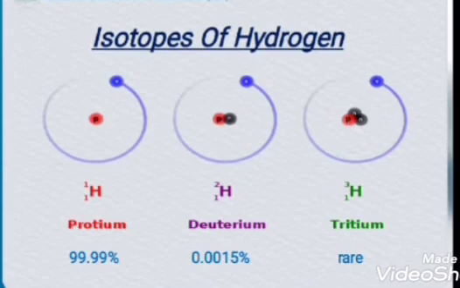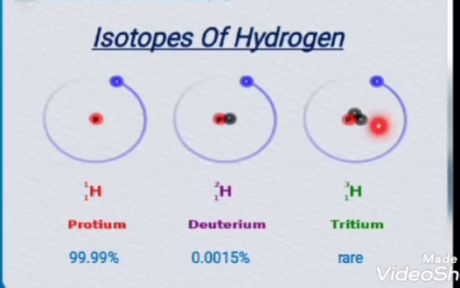And tritium contains 2 neutrons and 1 proton. Protium has natural abundance 99.99%. Deuterium 0.0015%. And tritium is radioactive.